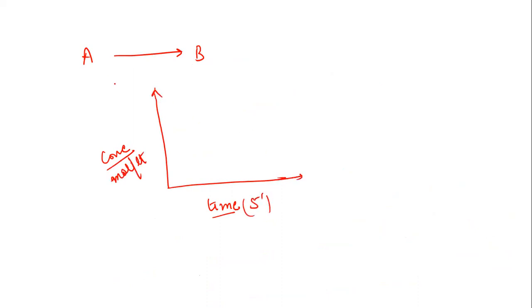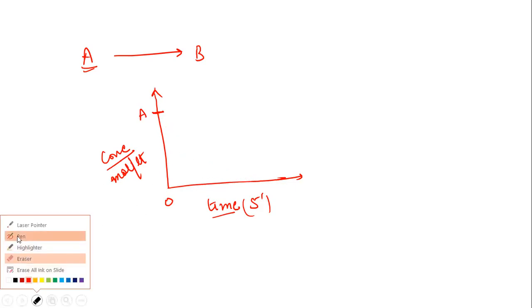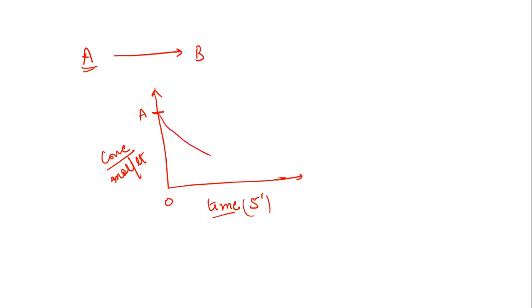If I draw for A, the concentration of A will decrease because A is converting into B. Suppose at time t equal to 0, this is the highest concentration of A. So it will decrease and after some time it will become 0. So the graph of A will be something like this.